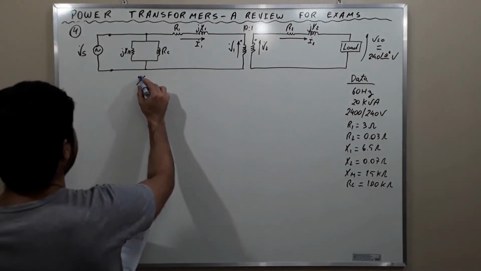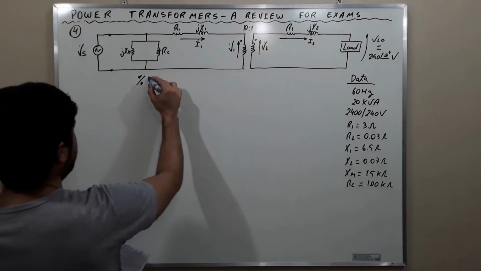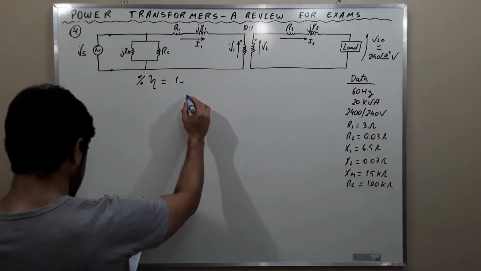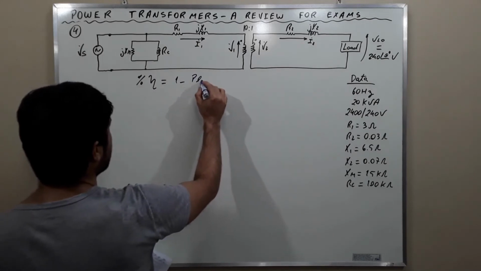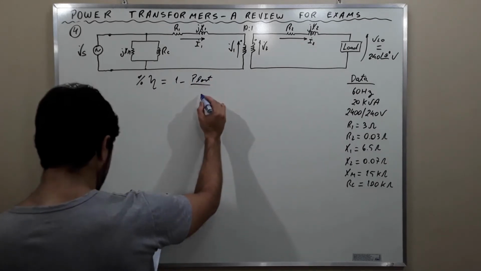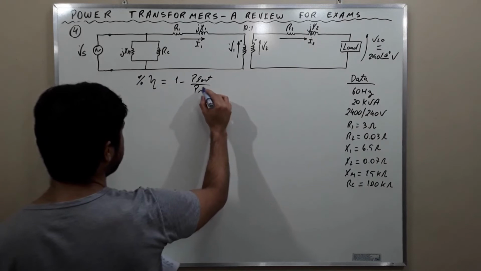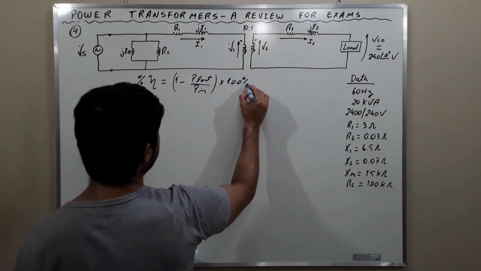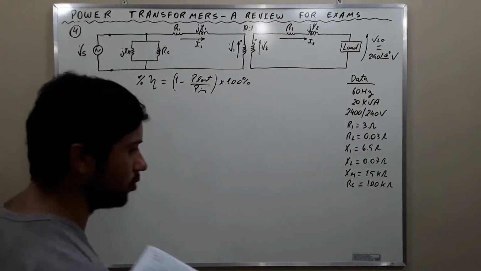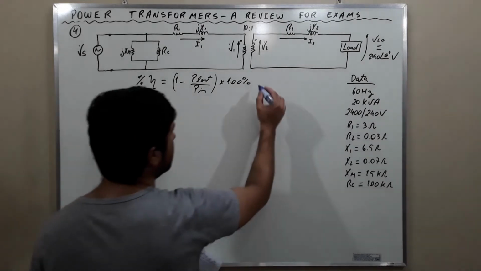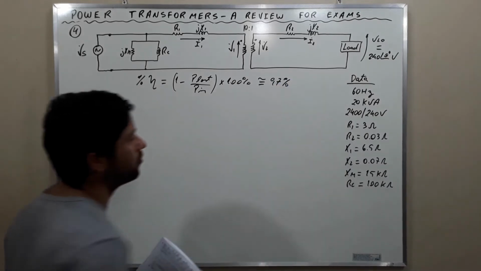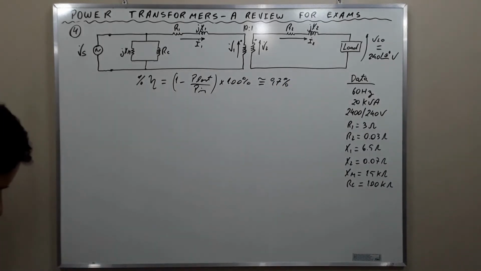The percentage efficiency is equal to 1 minus P lost over P in, times 100%. Okay, simply using the values, we find that it is approximately 97%. Okay, this is the efficiency of the transformer.